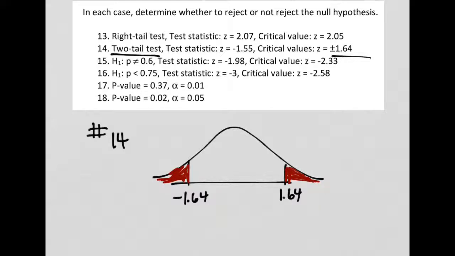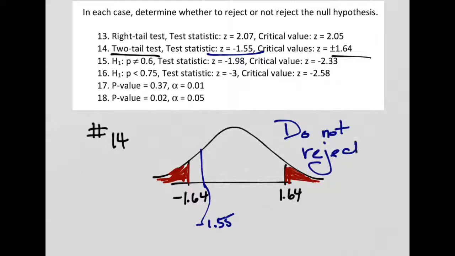You just need to be able to see, does the test statistic fall further into the tail or is it closer to the center? So in this case, our test statistic is negative 1.55, which would be maybe about here. So that is not in the rejection region. So our conclusion is do not reject the null hypothesis.